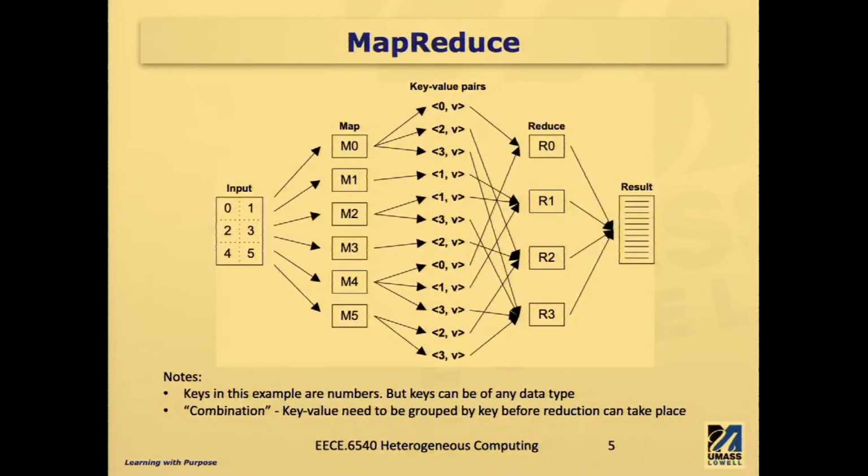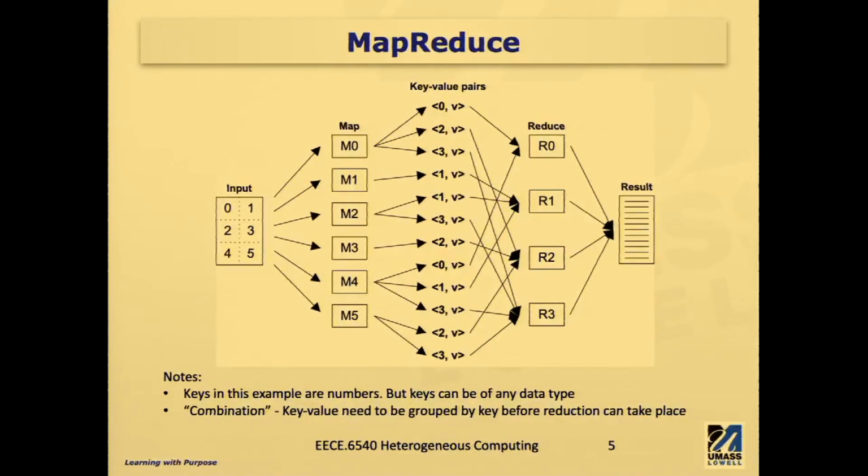We can do different kinds of shuffling or different distribution strategies. Some of these key value pairs will be given to one processor, some others to another processor. So there's some flexibility there. And you can use the hash values of these keys, or you can use other policies to distribute these key value pairs. In the reduction stage, on each of these processors, so we have 4 of them here, they will be combining these key value pairs.